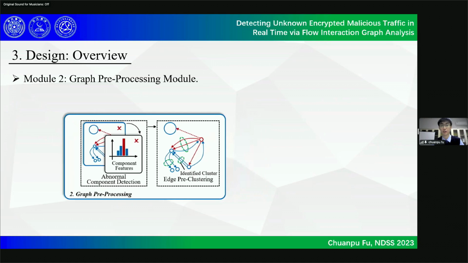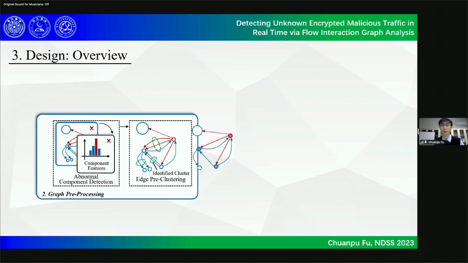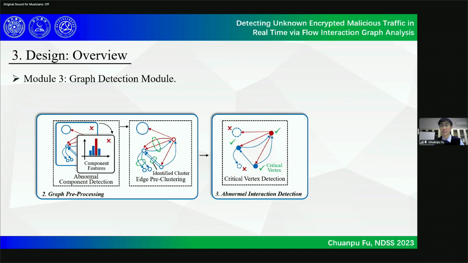The last module is the graph detection module. First, we identify the critical vertices, which connect many edges. Specifically, we identify such vertices with high degrees by solving an edge covering puzzle.